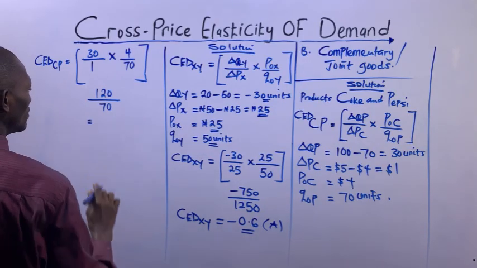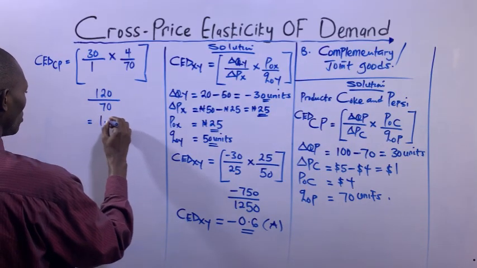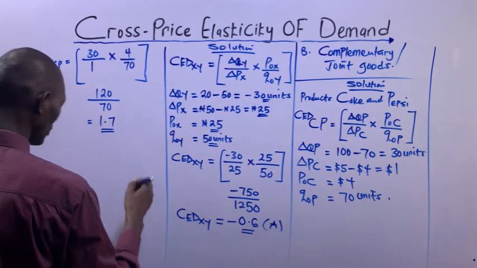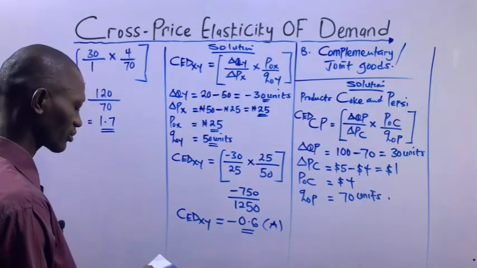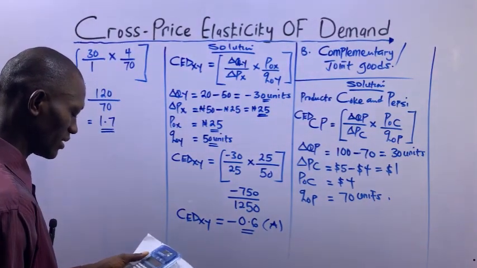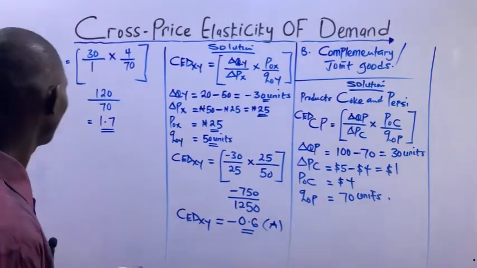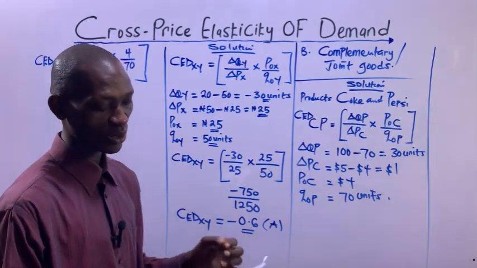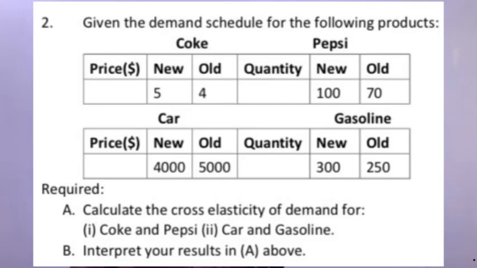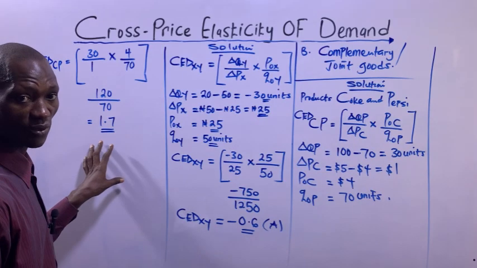So 120 divided by 70 gives us 1.7. I have to be sure, right? Very important. 120 divided by 70, okay, that's 1.7. I hope this is understood. So this is the first part of the question because we are asked to calculate the A part: calculate the cross elasticity of demand for Coke and Pepsi. So this is what we've done regarding that.